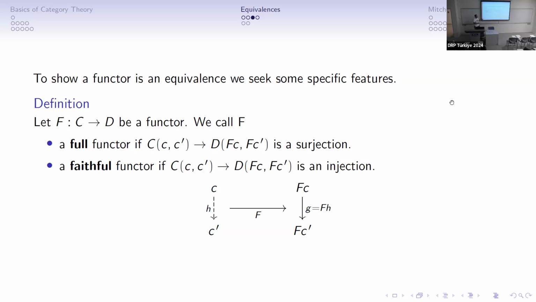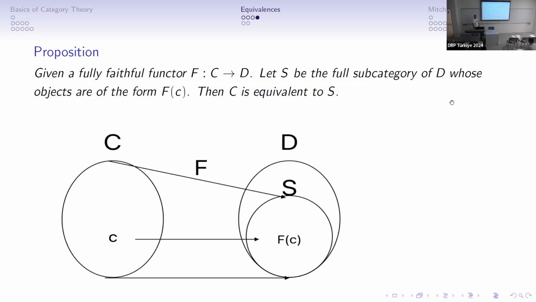So you can think of it like a bijection of hom-sets. And our proposition says that if we have a fully faithful functor, then C is equivalent to the full subcategory of D, which consists of objects of the form Fc.